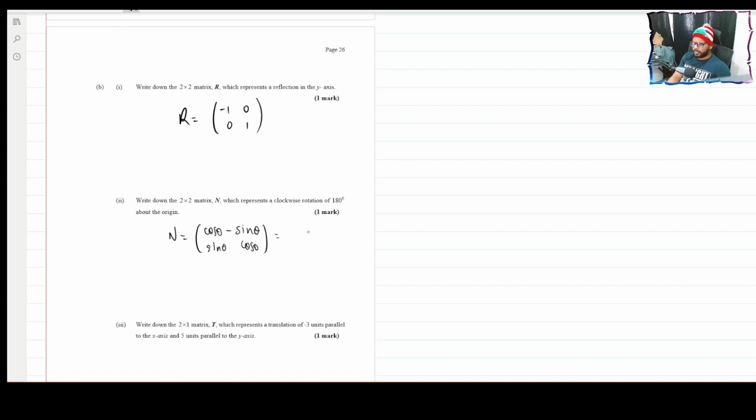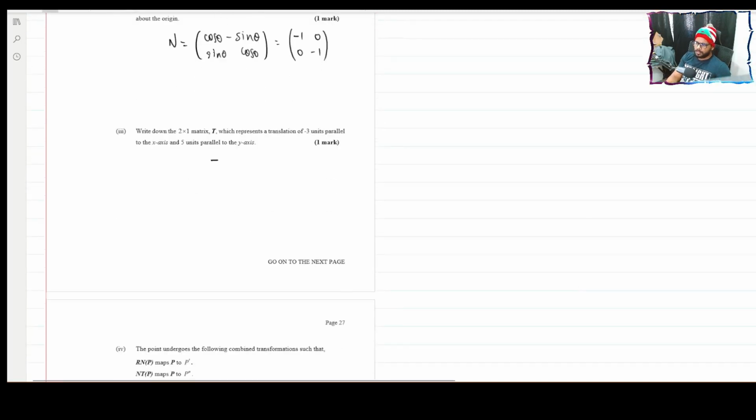Cosine of 180 degrees is -1. Sine of 180 degrees is 0. And write a 2 by 2 matrix T, which translates 3 units. So we get -3, 5.